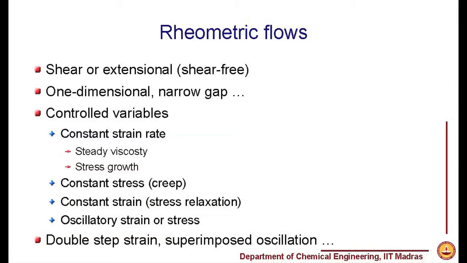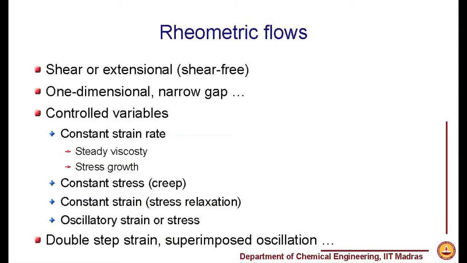And in general, when we do the rheological analysis, we will see that there are 4 or 5 very common ways of looking at and measuring material functions. For example, if we keep constant strain rate, then it's called steady shear. And in that case, we define something called a steady viscosity.